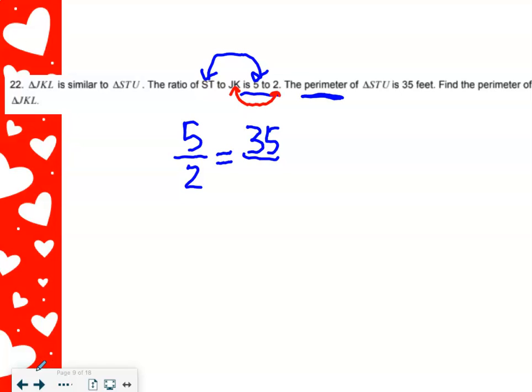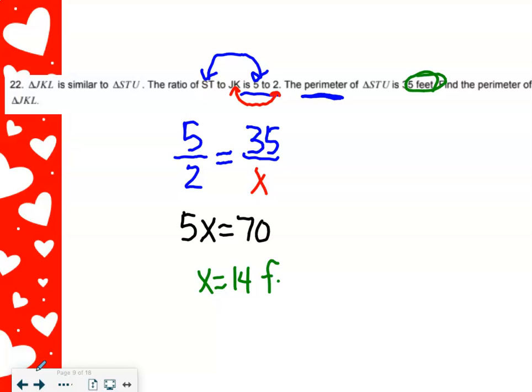And those guys go together, so I'm going to put X on the bottom. And now, again, guys, we just cross multiply. So we're going to have 5X is equal to 70. And then we're going to divide out here, and X equals 14. And since we are given a unit of feet, we will put feet.